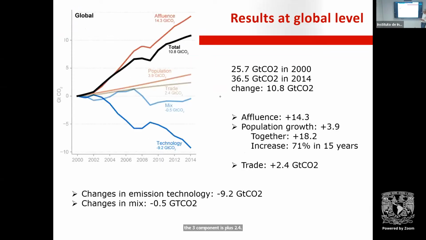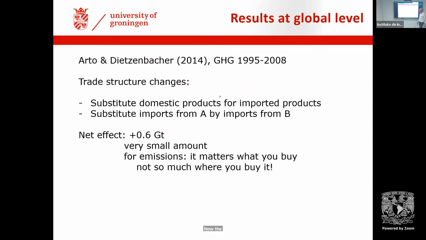Yeah. Recall that in the previous analysis this was 0.6 gigatons, but then for greenhouse gases. So that's a huge difference. For the previous paper, I said the trade component is almost negligible, 0.6. Now the trade component is not negligible anymore.